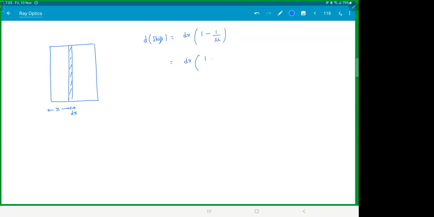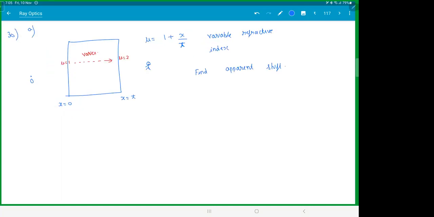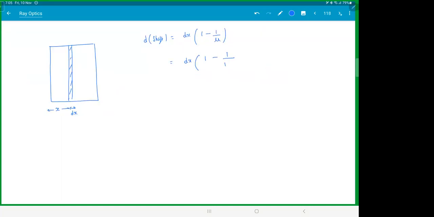And it is given mu slab is 1 by 1 plus x by t. So the total shift will be integral dx minus integral dx by 1 plus x by t.